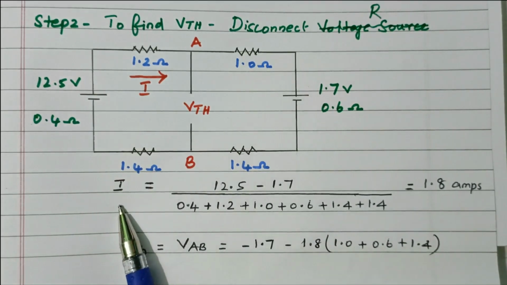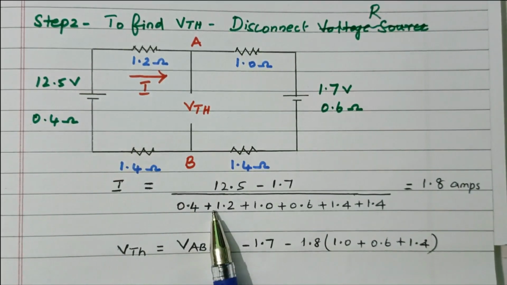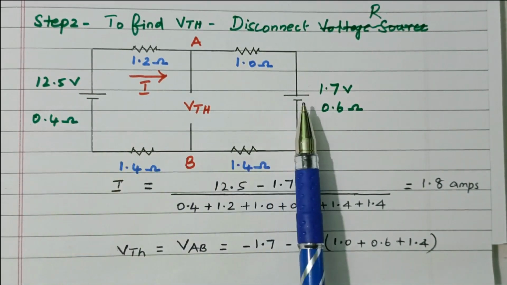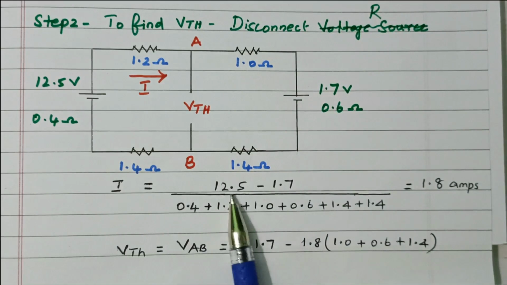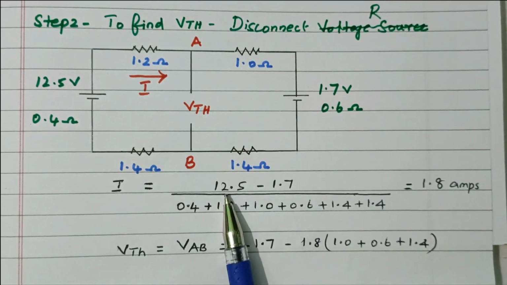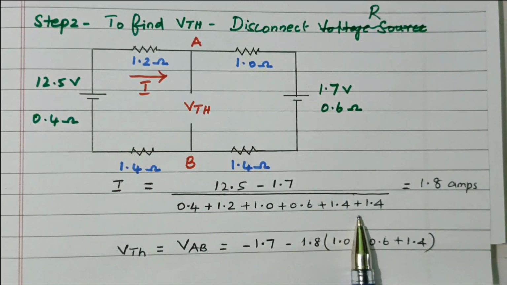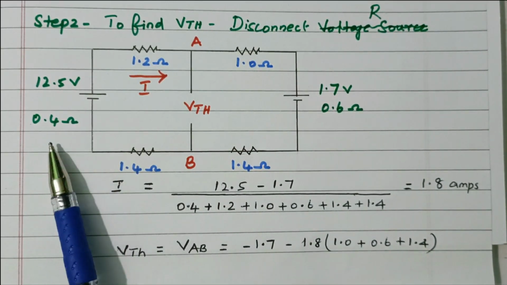So what is the current I? I equals V by R. What is the voltage? Two voltage sources are available, 12.5 and 1.7. The difference between these two is the total voltage, 12.5 minus 1.7, divided by the total resistance. What are the resistances available?